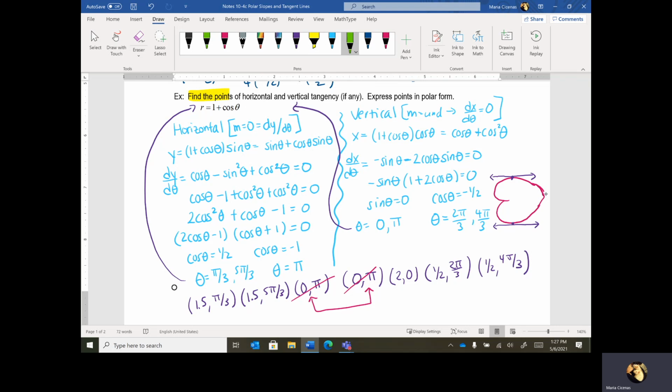The 2, 0, well, that would be this one here. The 1/2, 2 pi over 3, and 4 pi over 3, that's here at the edge. This will end up being kind of the same vertical lines. So the one that's indeterminate, the one at 0, pi, let's see, is there another color I can use? Let's just use this, is right here.